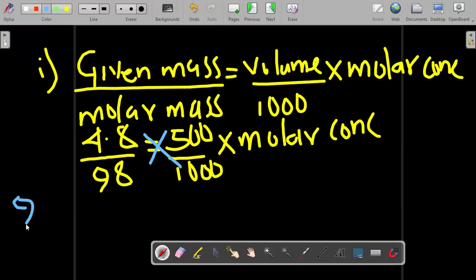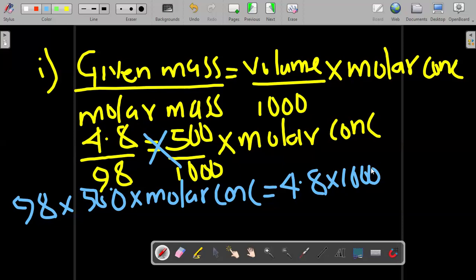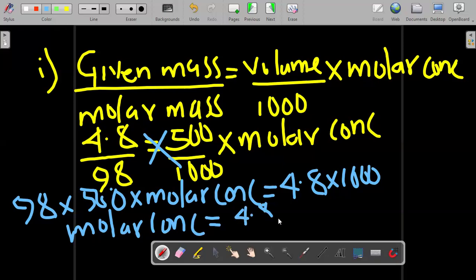You know you are cross multiplying, so I will write 98 times 500 times molar concentration is equal to 4.8 times 1000, but don't put that sign. So my molar concentration will be 4.8 times 1000 divided by 98 times 500.